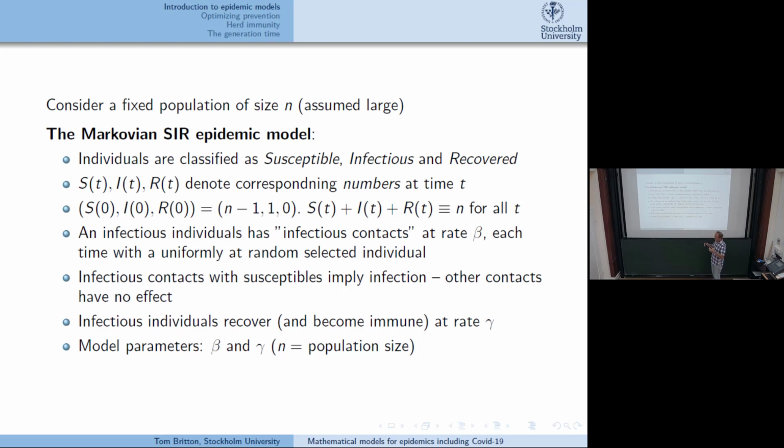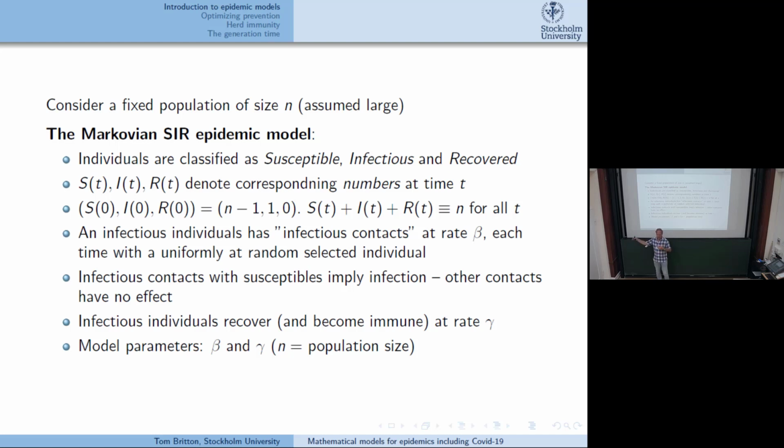And this goes on, so maybe you start off with one person getting infected, maybe that person infects another one, so then there are 2 persons infectious, having infectious contact with others, and maybe 3 people get infected, then maybe someone recovers, so it drops down to 2, and eventually the epidemic stops. It will stop sooner or later, since we have a finite number of people and everyone can only get infected once.